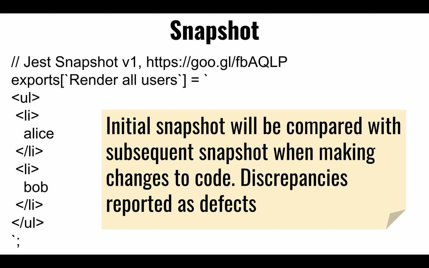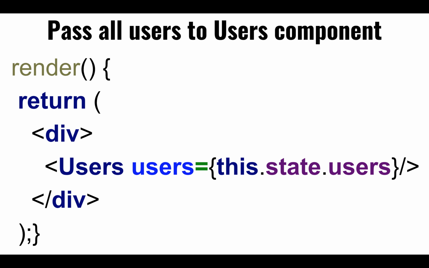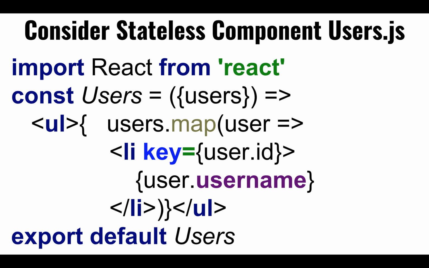So if I change my implementation, the way I iterate over this, or I inadvertently change UL to OL, for instance, or change it to a table or whatever, this will render differently. It'll be compared against the snapshot, and it'll report it as a defect, and then I say, "Ooh, what did I do?" Maybe I mistyped something here, or I'm missing something there.